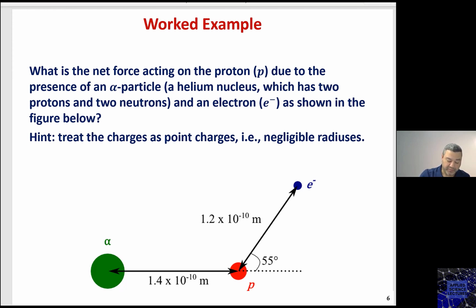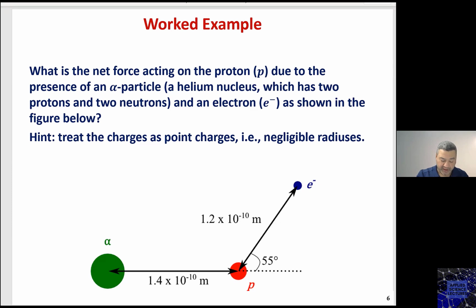So regardless here of the sizes, as we see here, alpha is bigger than the proton, we will ignore those sizes and we'll treat them as point charges.